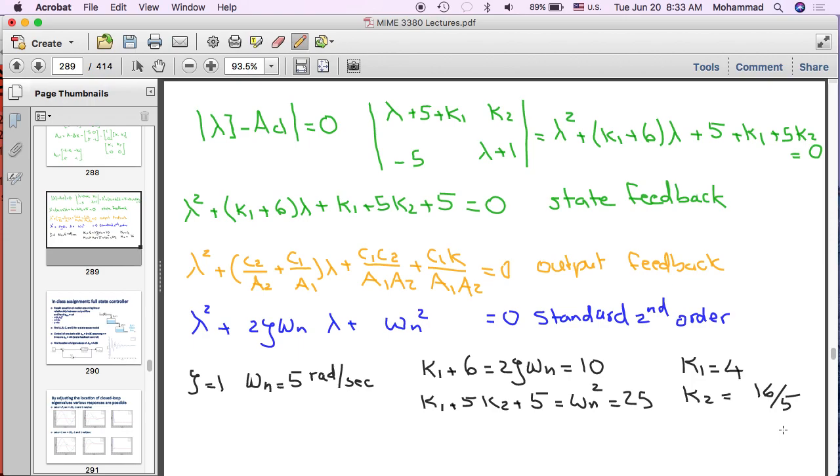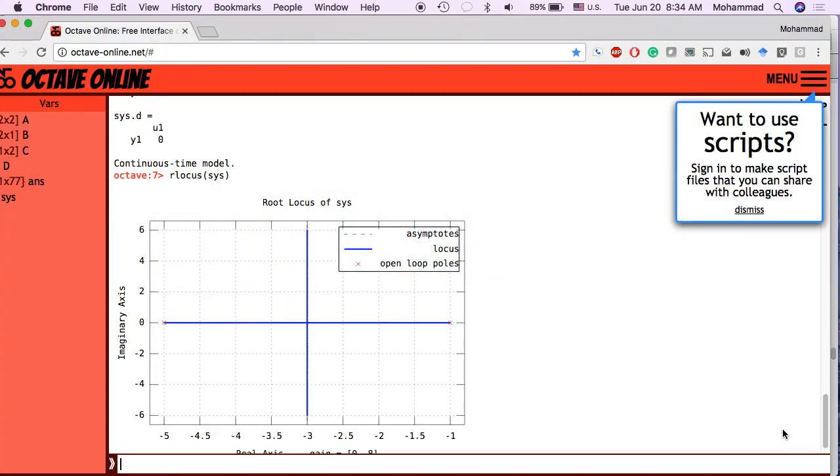Okay, we can do the same thing, but with the place command. You remember the place command that we used before? So you can go to MATLAB and use it. First of all, you need to decide where the two eigenvalues of the closed loop should be located. So we know for a second order system, the two eigenvalues are located at, let's define zeta first. Zeta, in this case, we want to be 1. Omega n, we want to be 5.